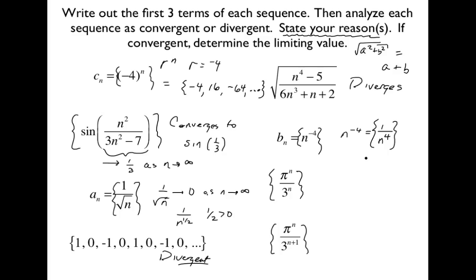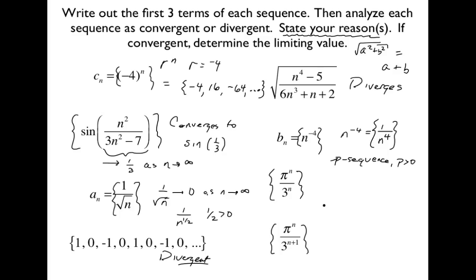What is it, Kelly? Sorry, the p rule is p greater than 0. It's a p sequence, and we got 4, which is greater than 0, right? 1 over n to the p, as long as p is greater than 0, goes to 0. So yes, that is convergent to 0.